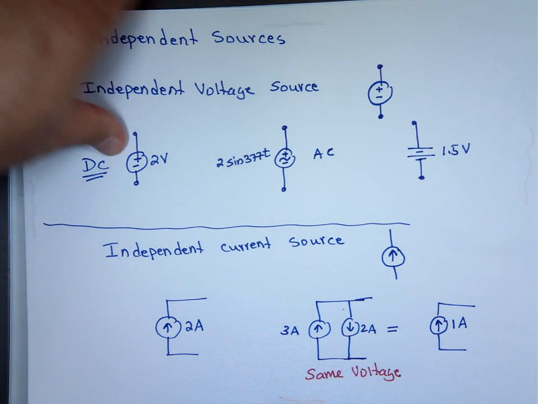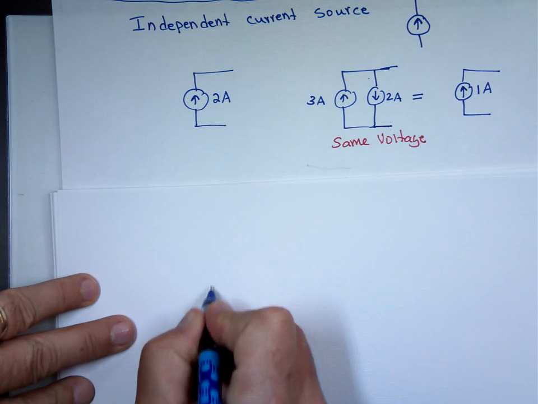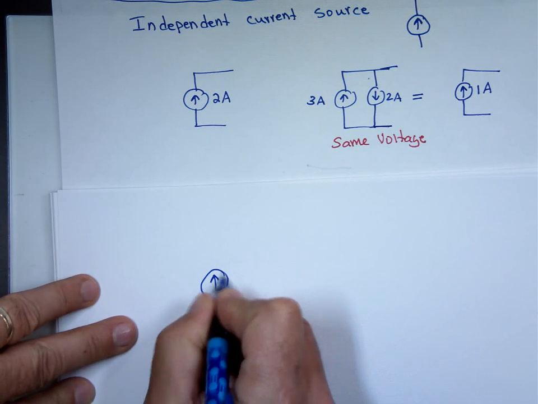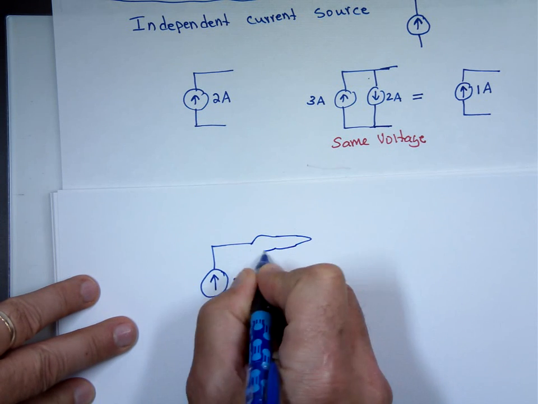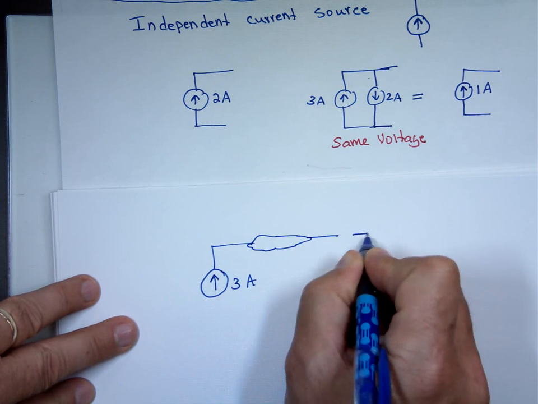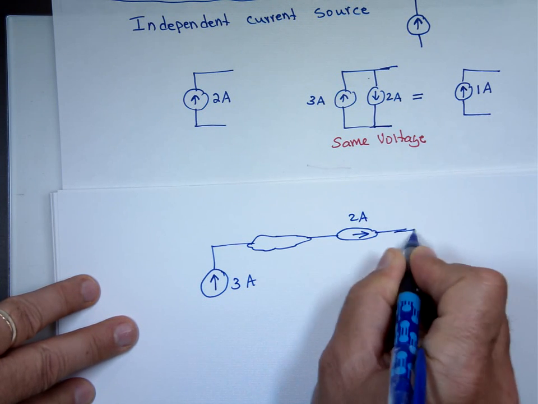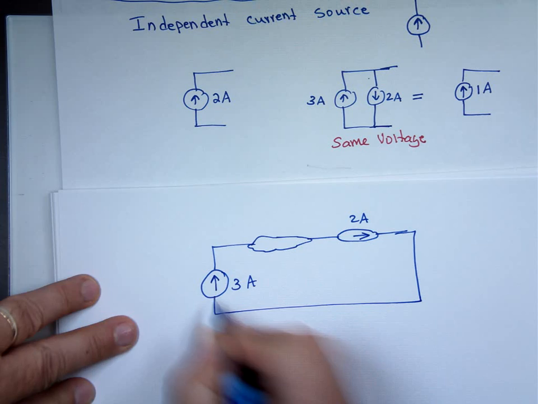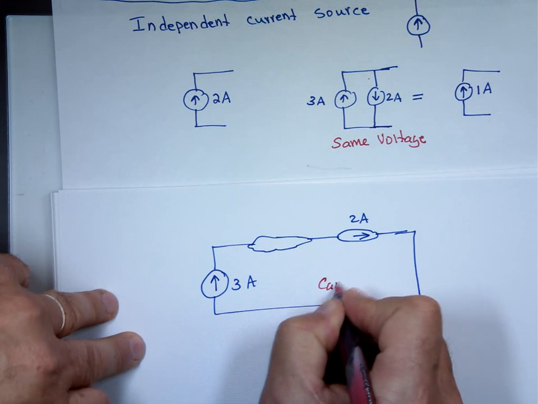What you want to try to avoid there, this is a no-no for independent current sources, is you don't want to draw something like this. That's 3 amps. Put some element here, could be anything. Then you put another current source here of 2 amps. That's a no-no. Can't be.